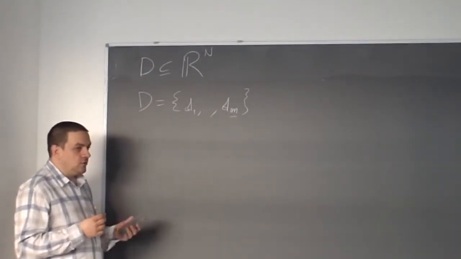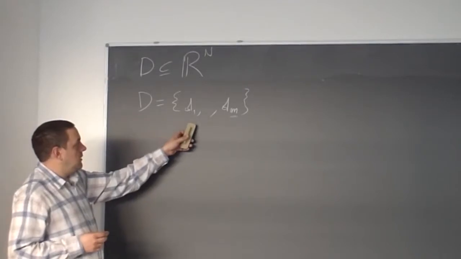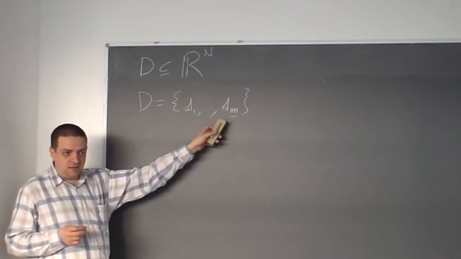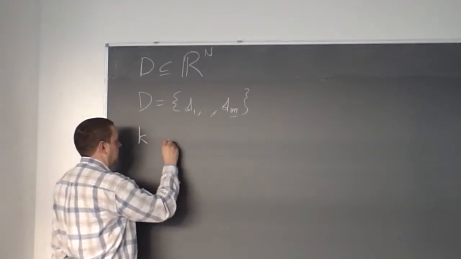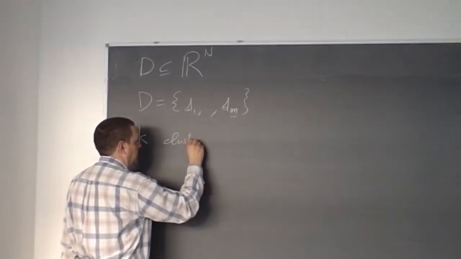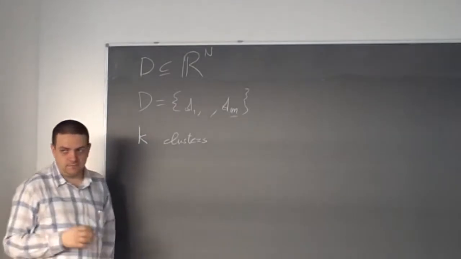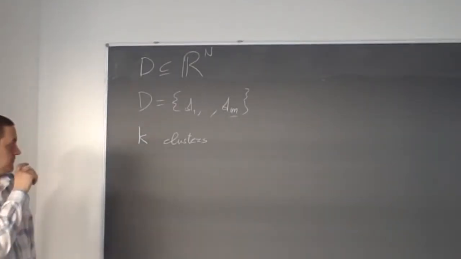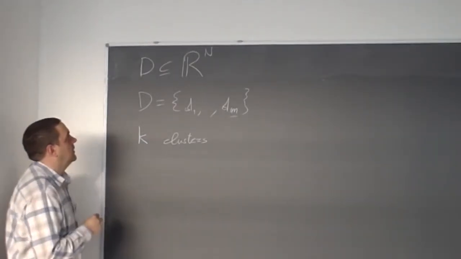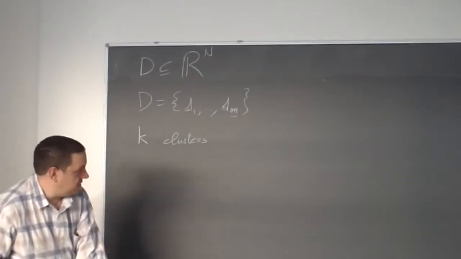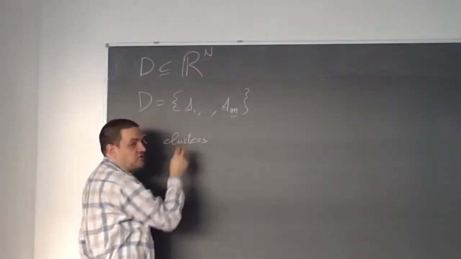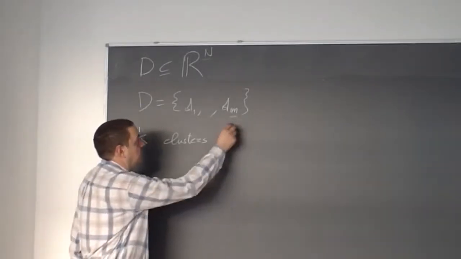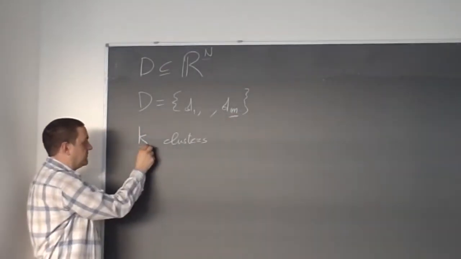And we want to group these elements together into k different clusters. So the numbers that we have to keep in mind are the dimensionality of the space, the number of elements, and the number of clusters.